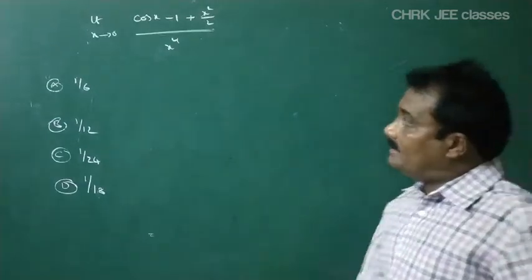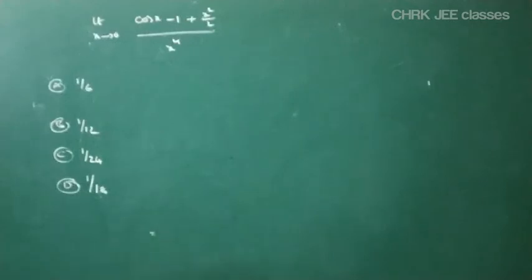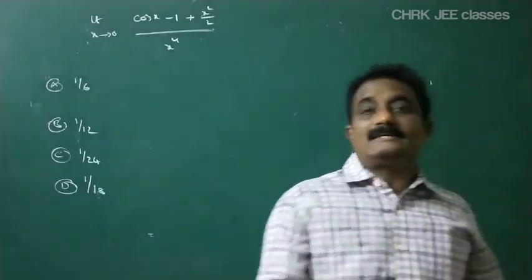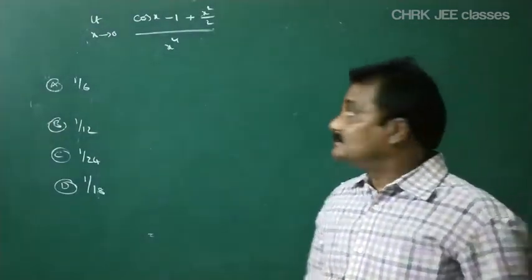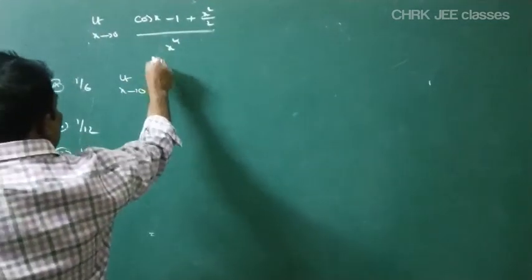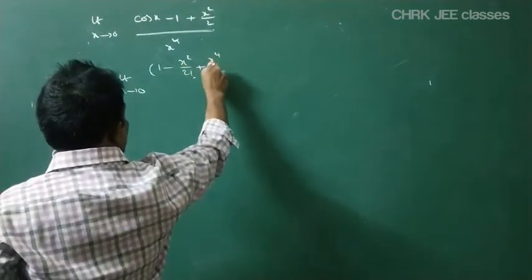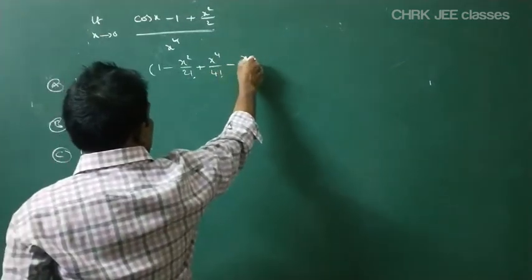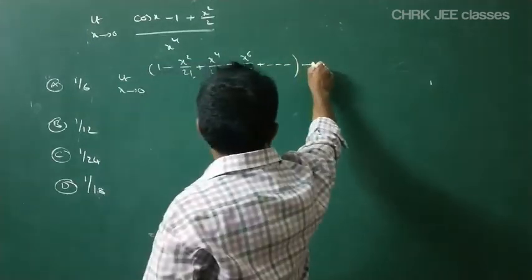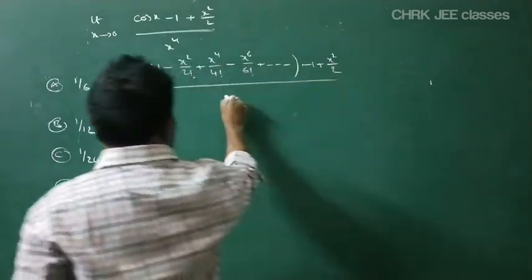Now we are going into another example. Limit x tends to 0, cos x minus 1 plus x square by 2 by x to the power of 4. In these type of sums, we have to use the expansions for cos x. So limit x tends to 0, the expansion for cos x is 1 minus x square by 2 factorial plus x to the power of 4 by 4 factorial minus x to the power of 6 by 6 factorial plus so on, minus 1 plus x square by 2 by x to the power of 4.